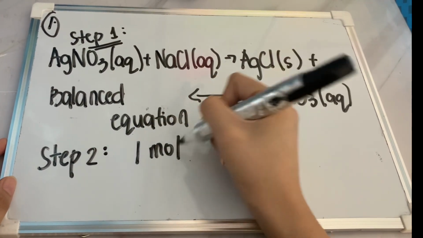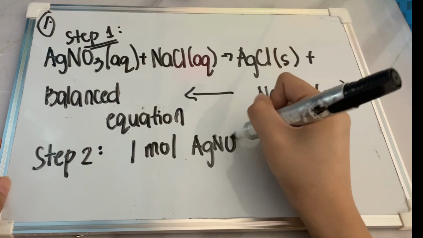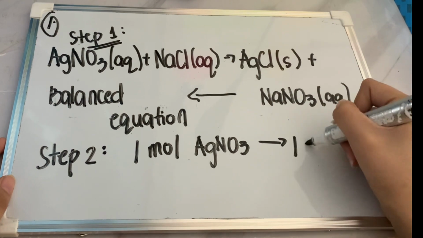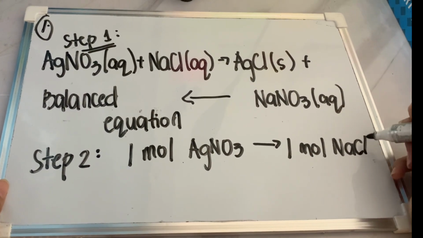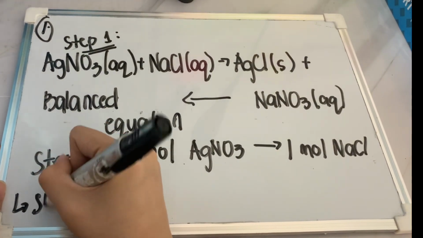The second step is to determine the stoichiometric ratio of the reactants. So in the balanced equation, 1 mole of AgNO3 reacts with 1 mole of NaCl. Therefore, the stoichiometric ratio of AgNO3 to NaCl is 1:1.